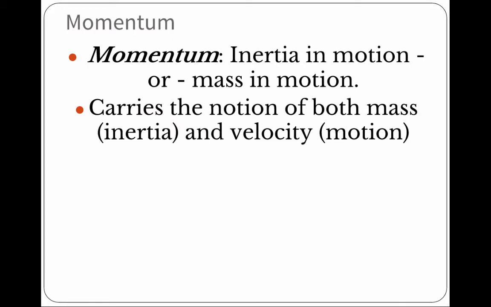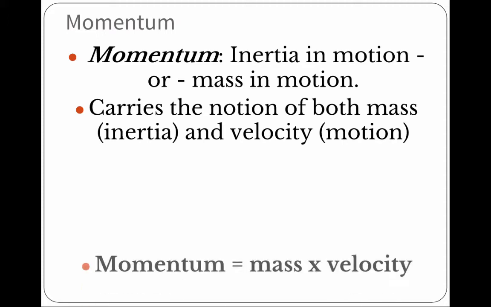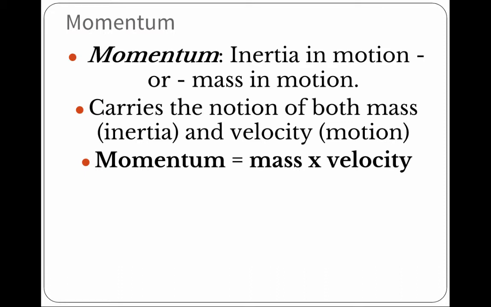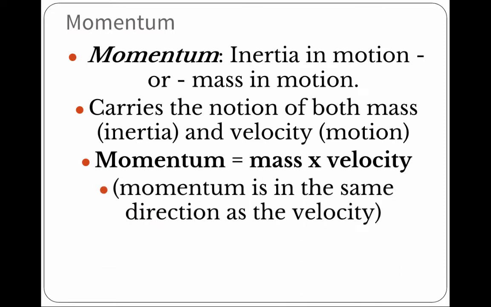Momentum. Momentum is inertia in motion, or mass in motion, and that momentum carries the notion of both mass, which is inertia, and velocity, which is motion. So momentum is equal to mass times velocity.